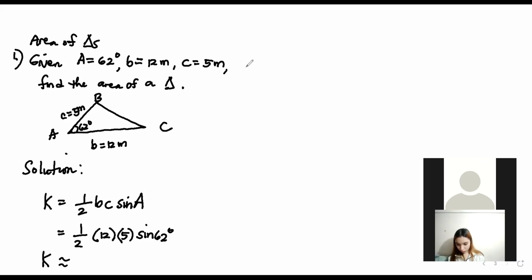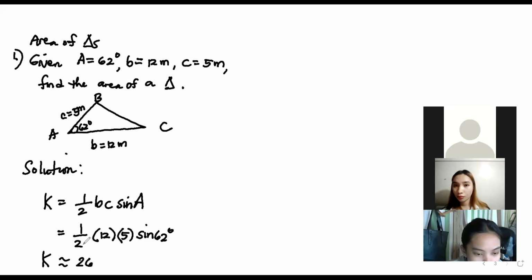Yes, Mary Joy. 26, po. All right. Since we're talking about area, do not forget the units: square meters. The area of triangle ABC is 26 square meters.